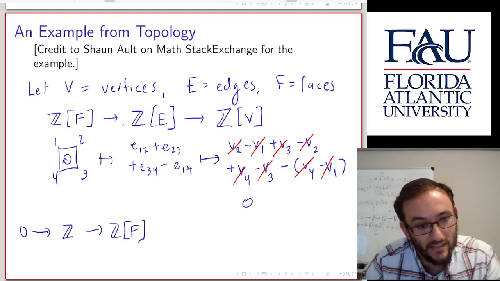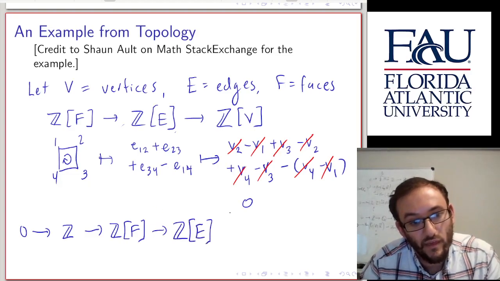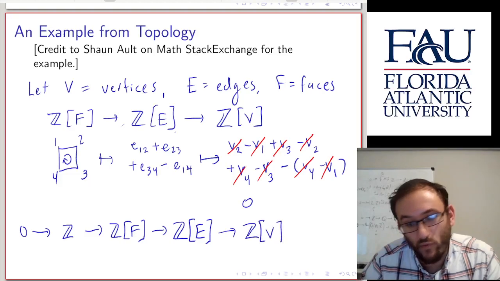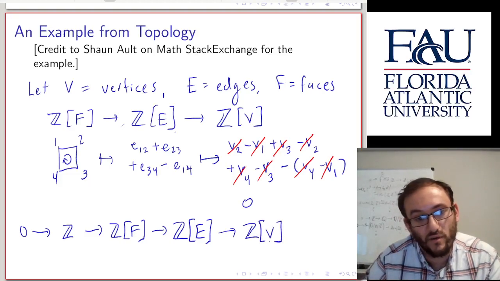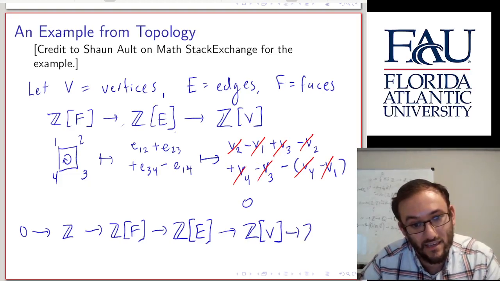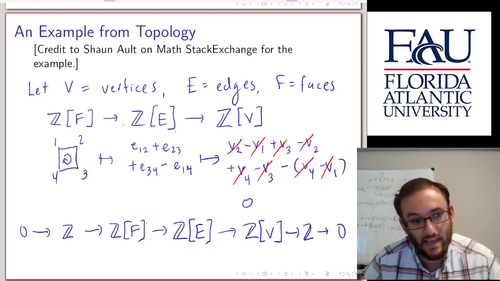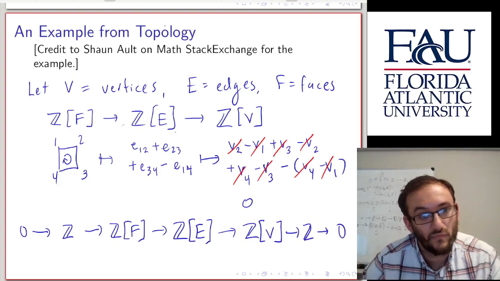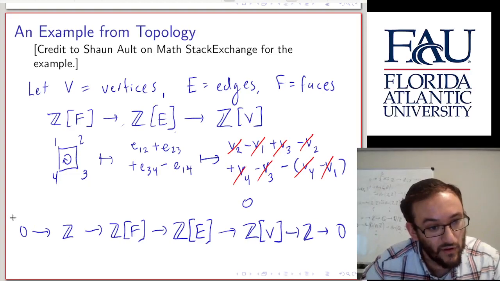So solid passes to faces, passes to edges, passes to vertices, and then we also need a face corresponding to the empty set. So that'll get us another copy of Z, and this is an exact sequence. Okay, so let's borrow this.